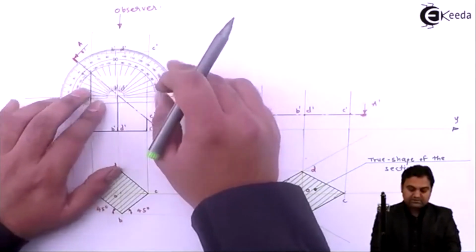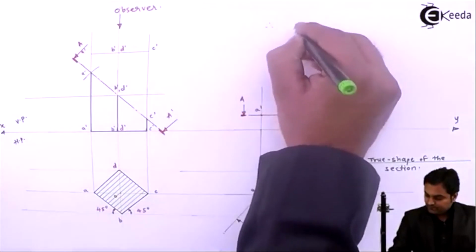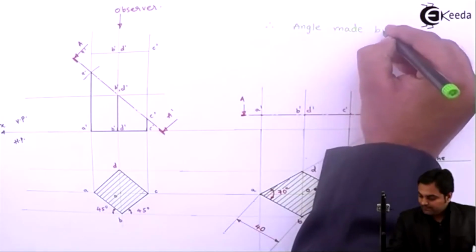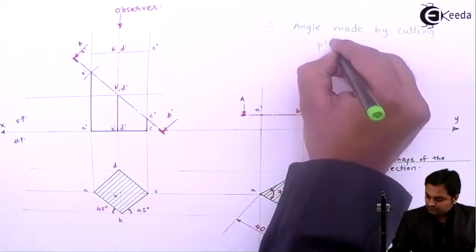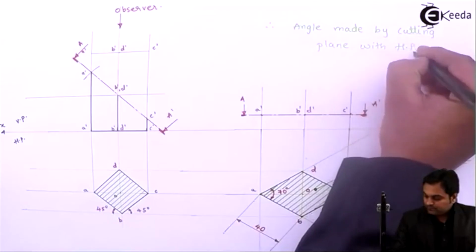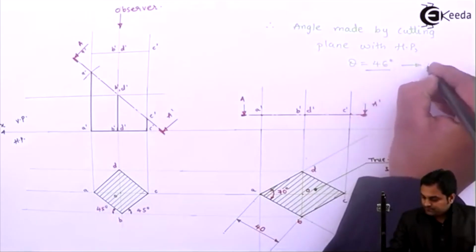So the angle measured is coming out to be 46 degree. So I'll say that therefore angle made by cutting plane with HP, that is theta, is equal to 46 degrees. That's the answer.